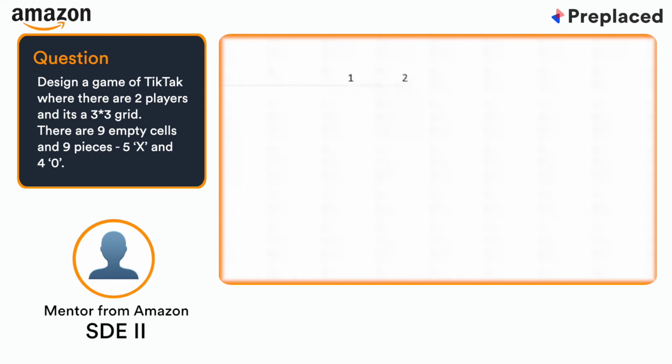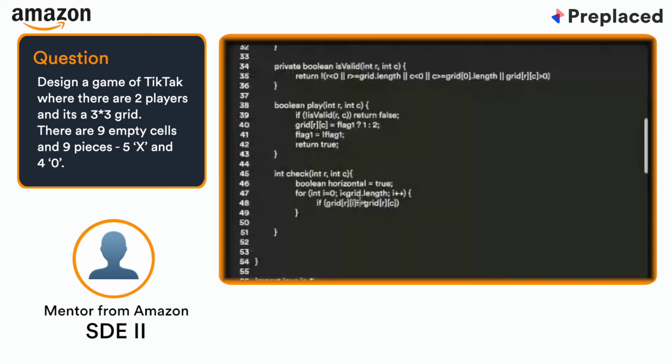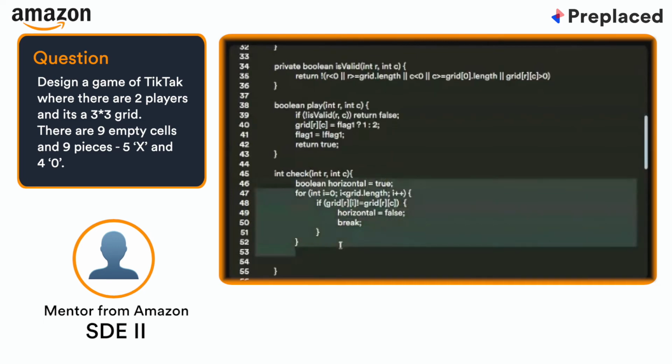So I will say my horizontal is equal to false, and I can break. Okay, so I have checked that. Initially I'm assigning horizontal to be true, and if there's an invalid entry, I'll assign it to false. Now I will just do the same thing for vertical.